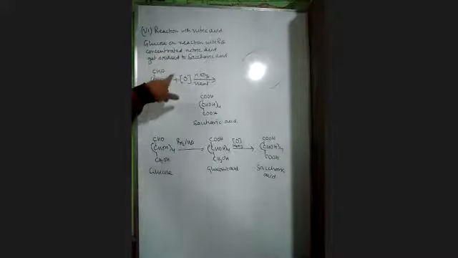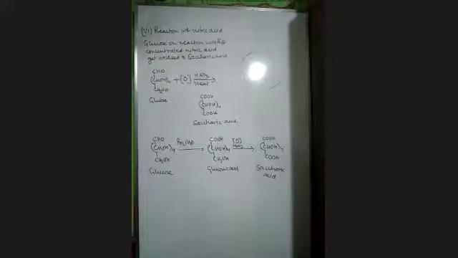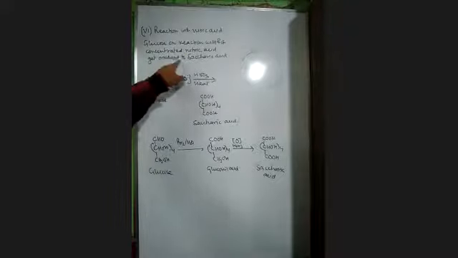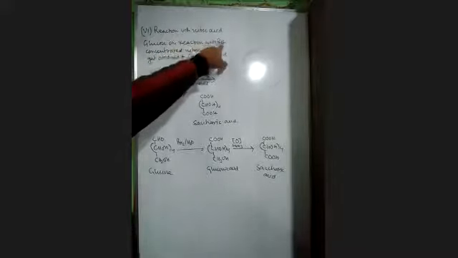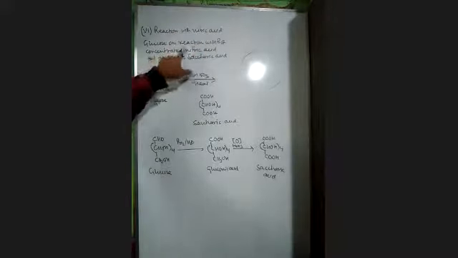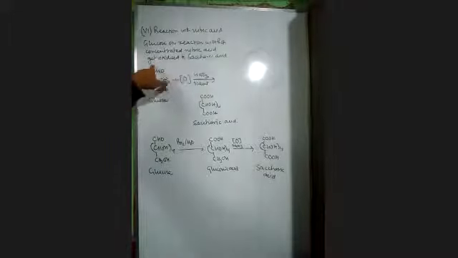Glucose on reaction with Glucose on reaction with hot concentrated nitric acid. Get what, sir? oxidized to glucose on reaction with hot concentrated nitric acid, NiTRIC, nitric acid, get oxidized to saccharic acid. Thank you, sir.